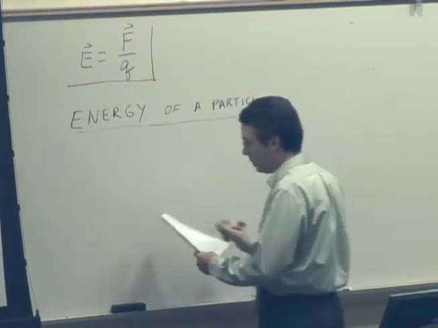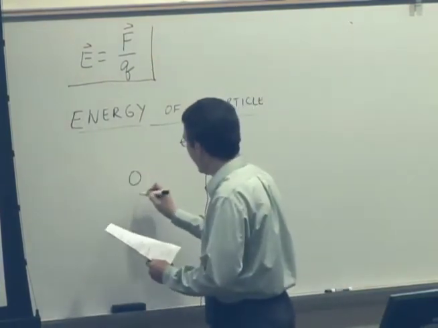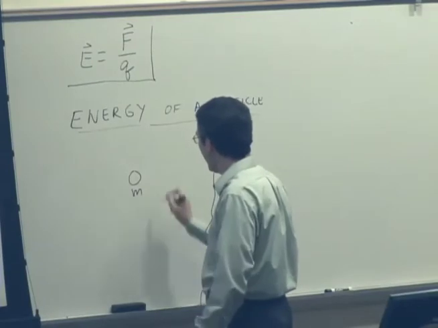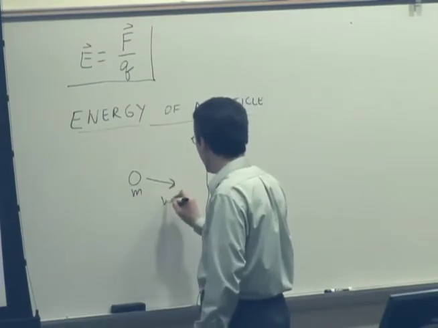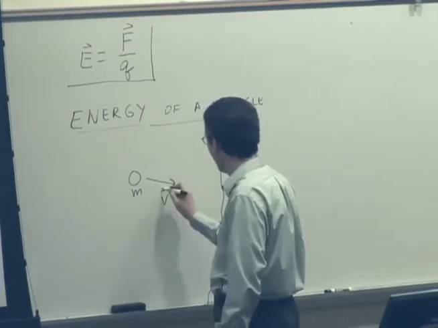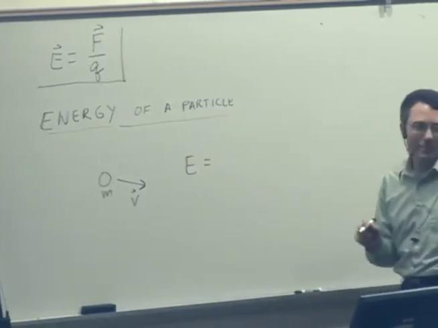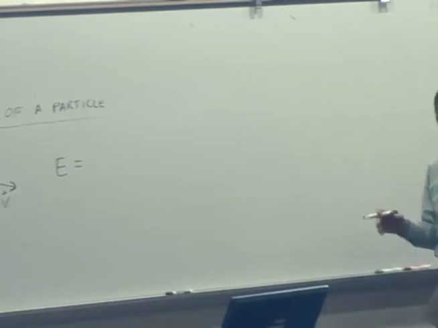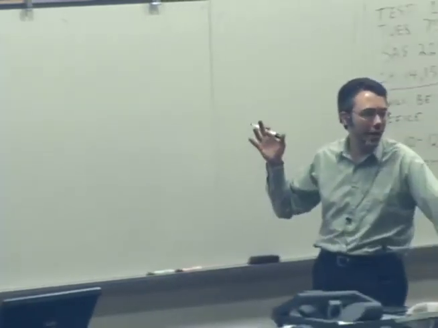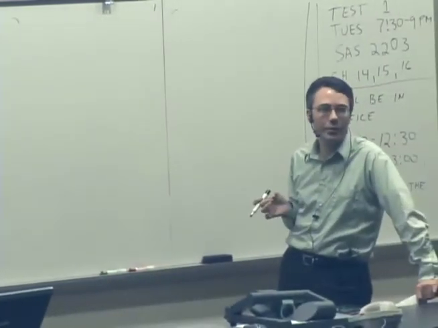So here's a particle. It has some mass, and it's moving with some speed in some direction. And we can write out its energy. And those of you who took 205M, what's the most general expression for the energy of a single moving particle?